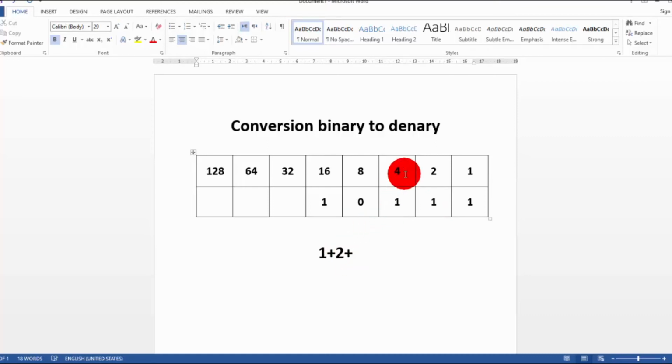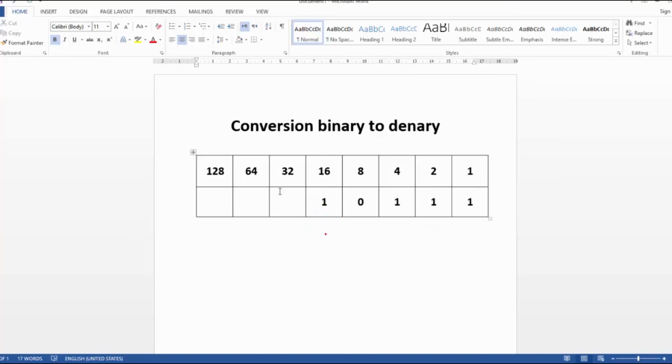Now you can see below 4 there's a 1, so you can add 4. Now below 8 there's a 0, so ignore it. Now switch to the next number 16. You can see the number 1 beneath it, so you have to add 16, right? Whatever the sum is doesn't matter. The only thing that matters is that you add up the numbers properly. I hope it cleared your concept.